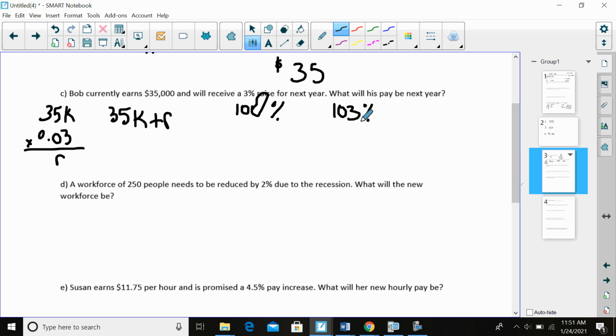So to do this in one step, you can just multiply the 35K by 1.03. Grab your calculator and multiply that while I show you how the distributive property is at work here.